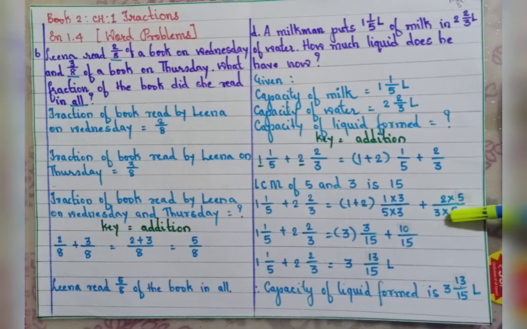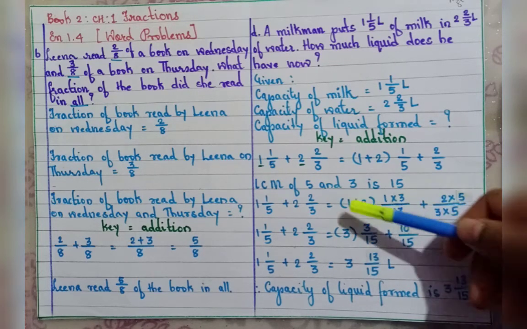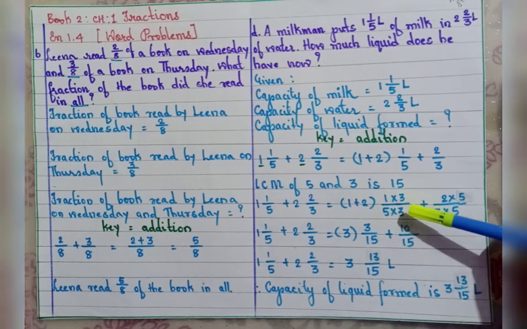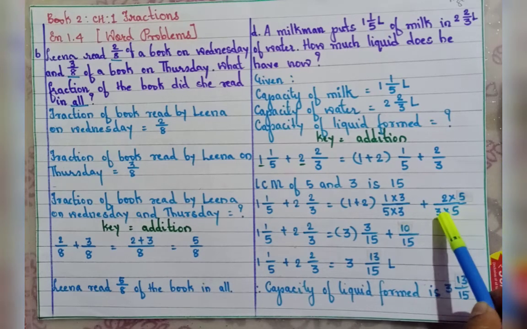So 3 into 5 is 15. As we multiply the denominator by 5, we also multiply the numerator by 5, so 2 into 5. After that, 1 times 3 is 3, and 2 times 5 is 10.